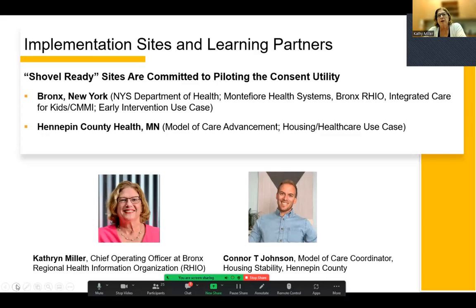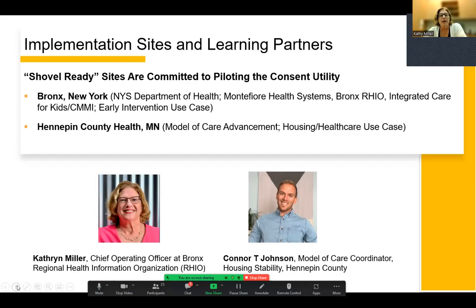So working with the Bronx Equity Integrated Care for Kids program, we identified a use case where data is not flowing easily now because consent is difficult to get and move around among the parties that need to know where the consent exists.